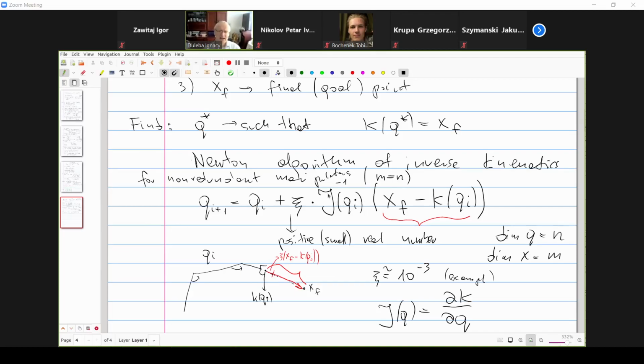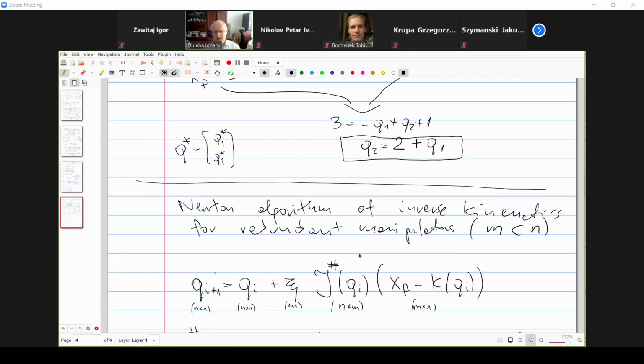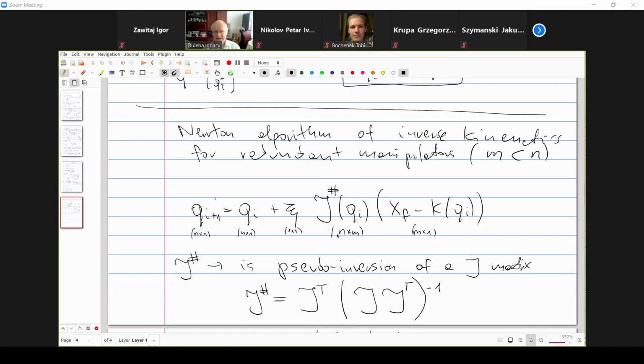So in this case, the matrix is invertible. So we just plug in the data and calculate consecutive configurations. The same can be said in the case of this algorithm.